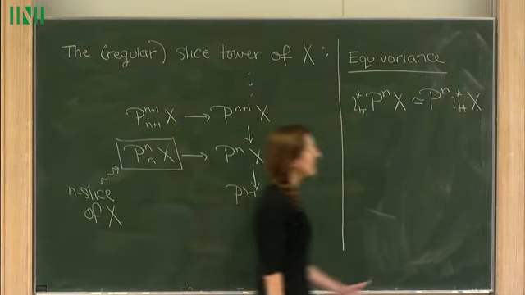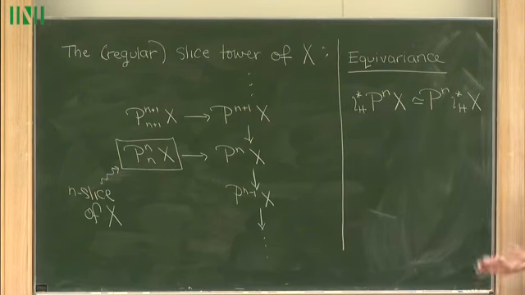So this is quite nice. And in fact, if you let H be the trivial group, you actually recover the Postnikov tower.